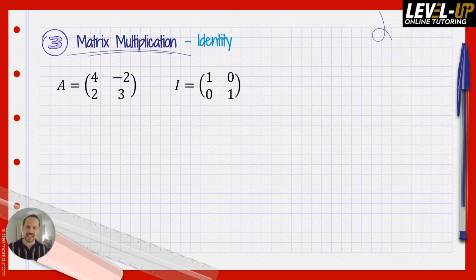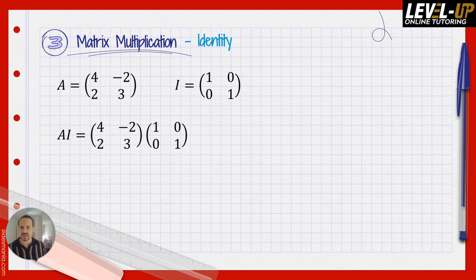So 1 is the identity of multiplication of numbers. Or we could look at the addition of numbers. In that case, the identity would be 0, because 0 is the number that I can add to something such that it does nothing. And in this case, with a matrix, the identity is basically another matrix with just ones across the diagonal. That diagonal from top left to bottom right is really important.